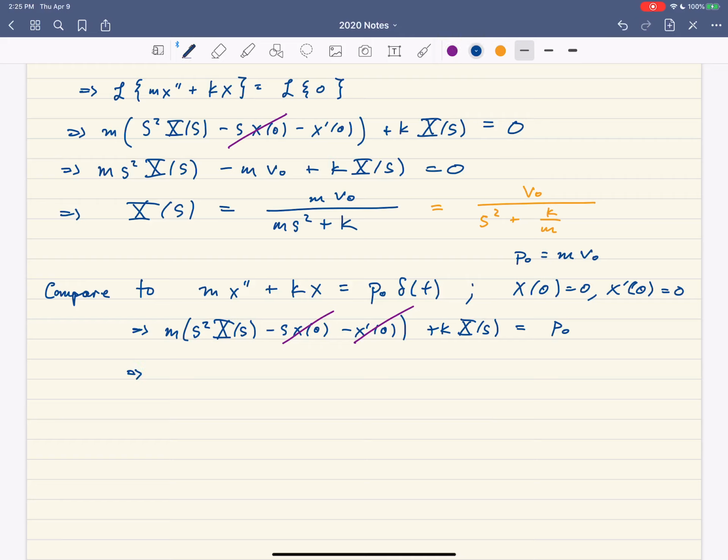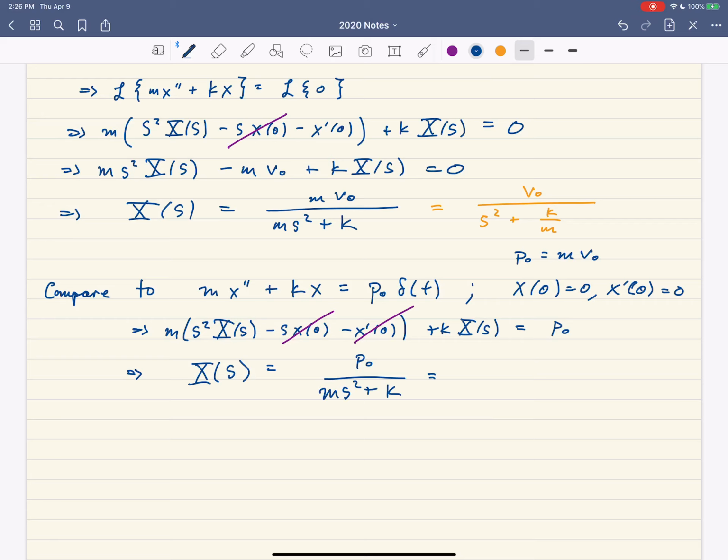All we have on the left side of our equation is terms that have a capital X in them, right? The other ones are gone. So we can factor out the capital X, and this is going to be P naught over the quantity m s squared plus k.